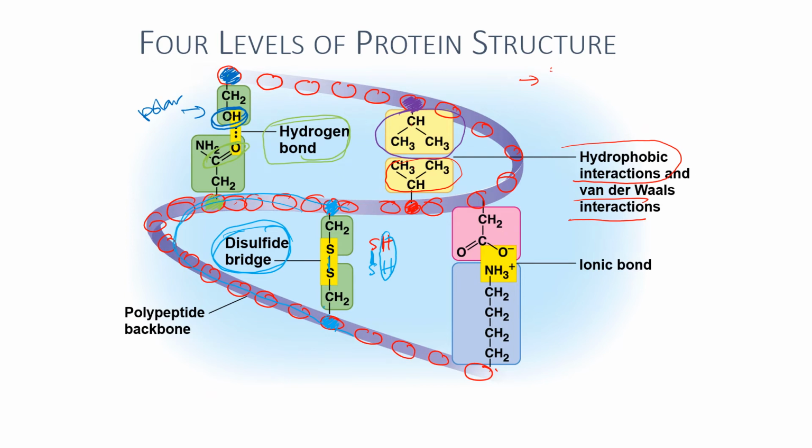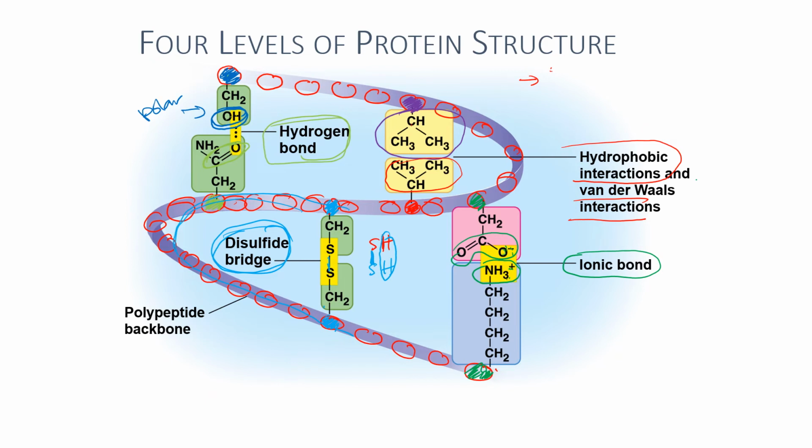Okay, and then along the chain again, you see other amino acids: an amino acid with an amino group that has a positive charge, and another amino acid that has a carboxyl group that has a negative charge. So the oppositely charged side chains of these two amino acids will be attracted to one another through the formation of ionic bonds.